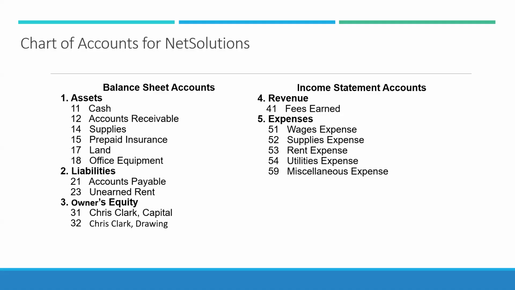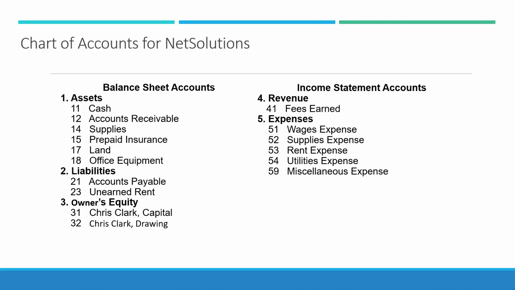It's kind of like supplies. They have a whole year's worth of insurance, but they only use 1 month at a time. Okay? Kind of like supplies. They purchased a bunch of supplies, but you only treat it as an expense as you start using it. Okay? Land, office equipment, those are all assets or what we call resources.